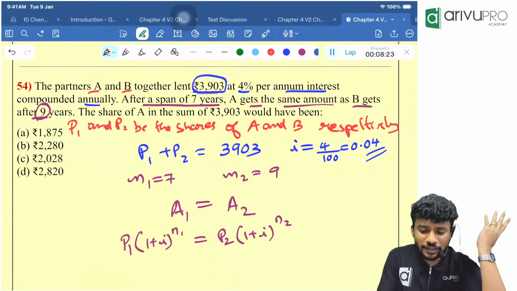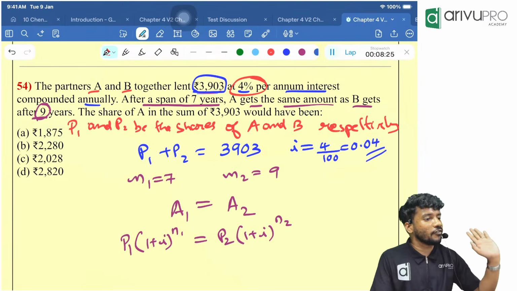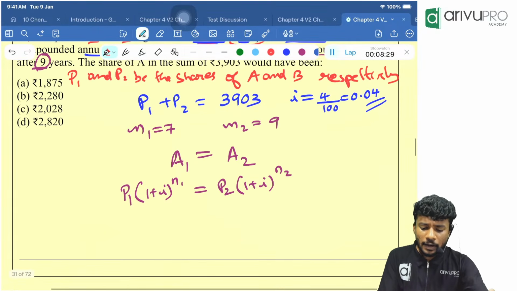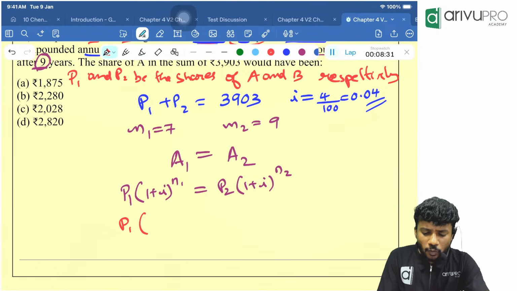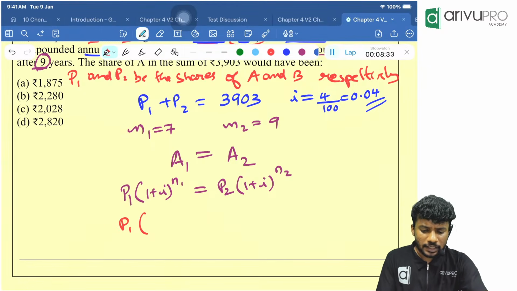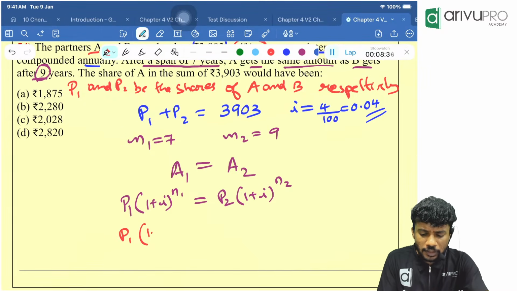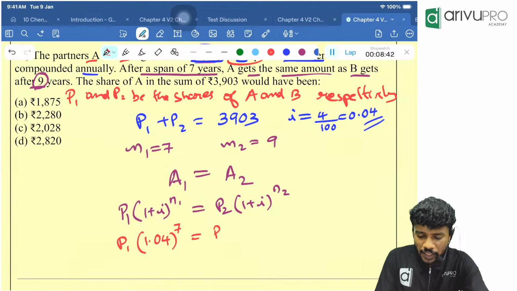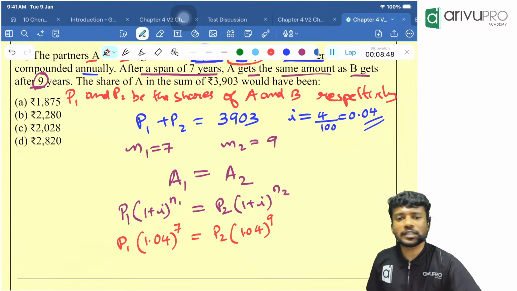Because they are telling the same rate of interest, which is 4% or 0.04. Then P1 into 1.04 the whole power 7, which is equal to P2 into 1.04 the whole power 9. I have both the values.